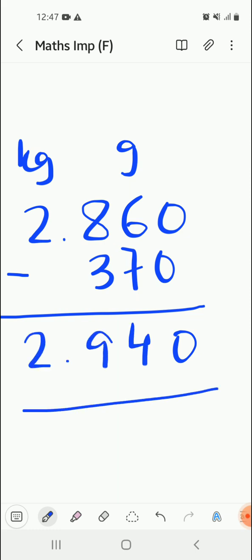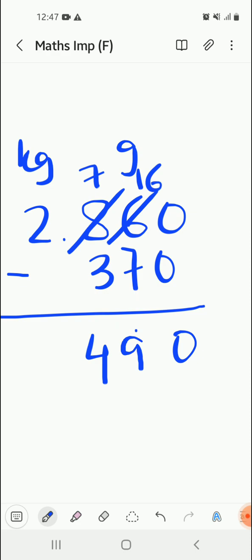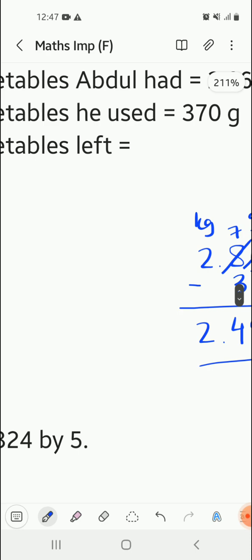9. So my answer becomes, sorry, it will be 2, 9, and here it will be 4, right? Because 8 minus 7, and here it is 16. That's fine, right? So it's 2.490 kg.